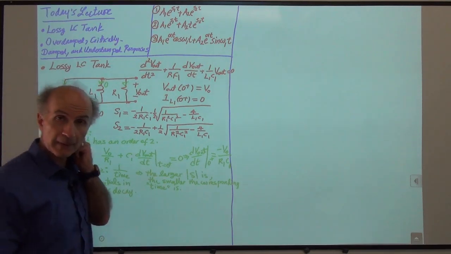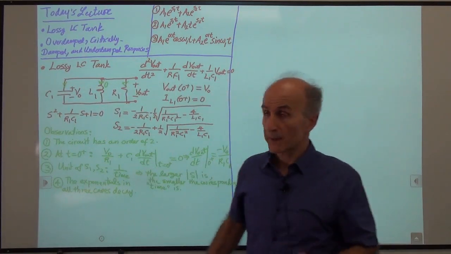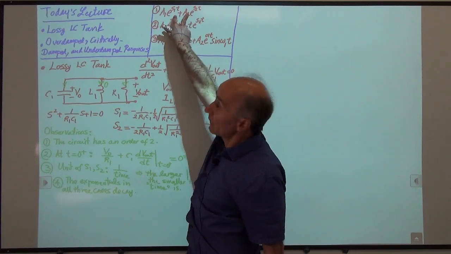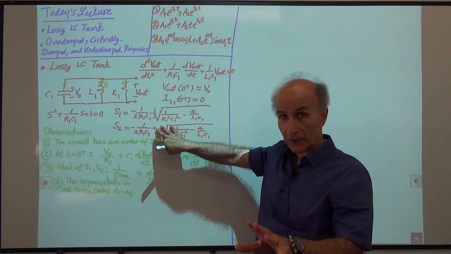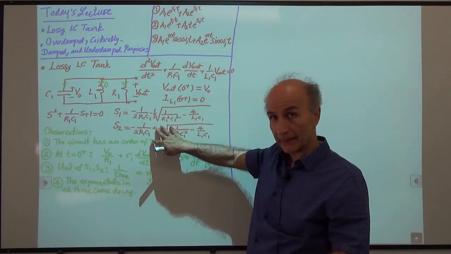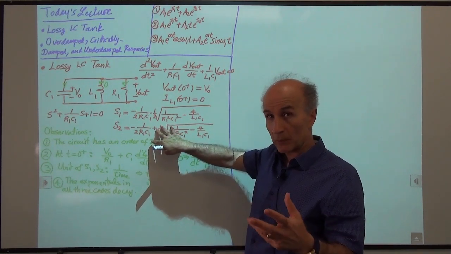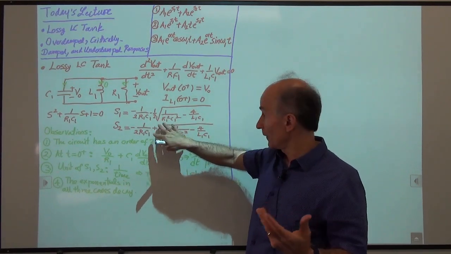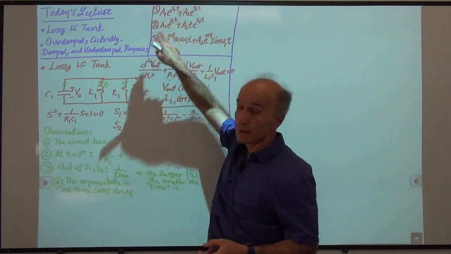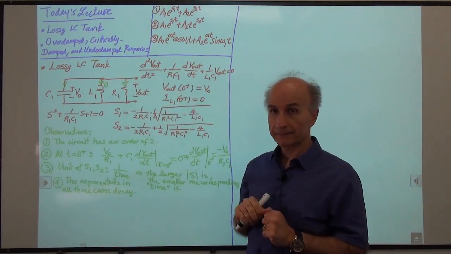Does it make sense? Let's see. In the first case, we said that this case arises when S1 and S2 are real and unequal. And we said that if they are real and unequal, they are both negative. If they are both negative, both of these exponentials decay, so we're set.